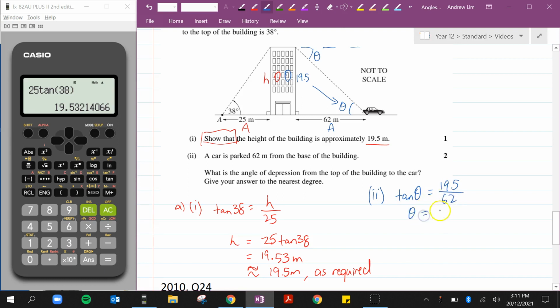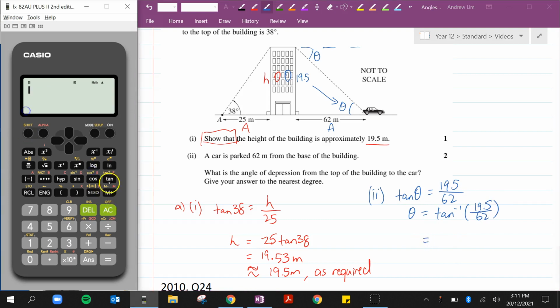So theta is equal to the inverse, or the arctan, of 19.5 over 62, which is 17.46. Now this one says correct to the nearest degree, so I'm just going to say 17 degrees.